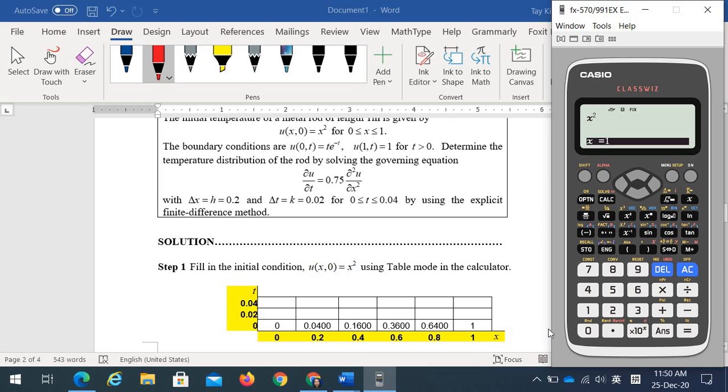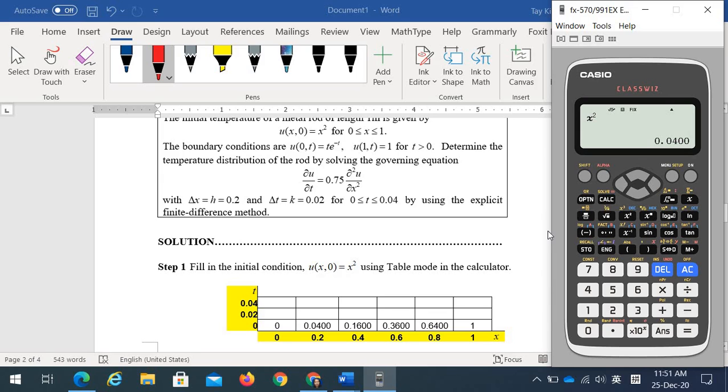Calculate 1, 2, 3, 4, 5, 6 times: 0, you get 0; calculate 0.2, 2.4. So you need to calculate 6 times. You use calculate normally if the increment is not consistent, and you've got repeated, iterative calculation. But if you've got a consistent increment, we prefer to use the table menu, it is faster.